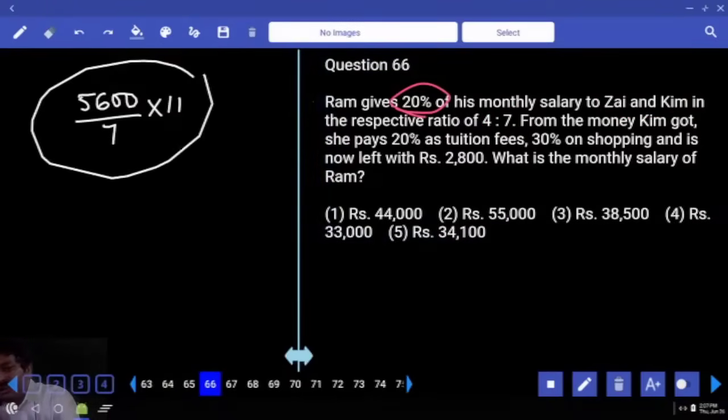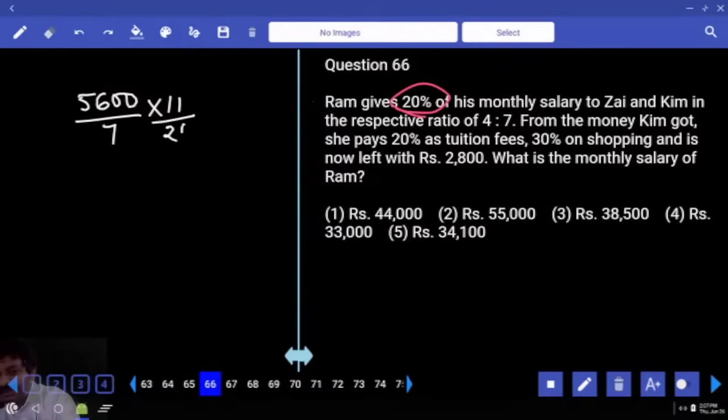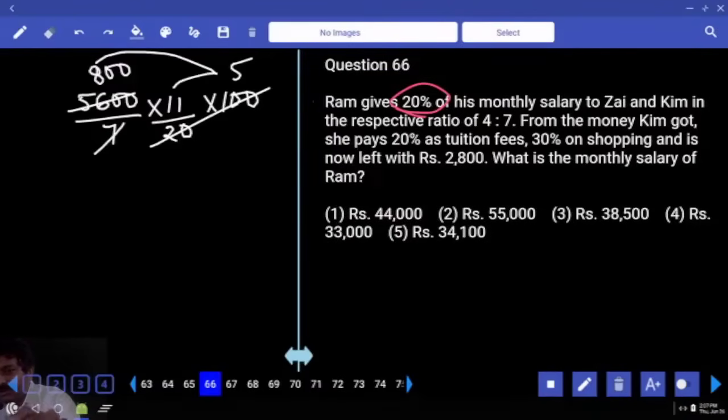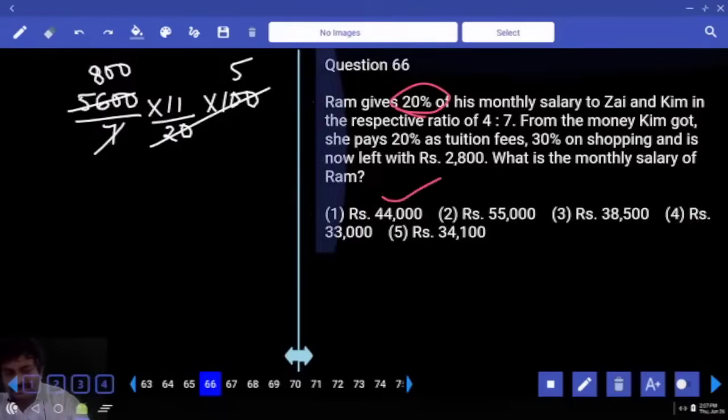So this entire value is 20%. Then 1% value is this divided by 20, and we need 100%, so multiply by 100. Got it? 20 goes 5 times, 7,800 times, 8 into 5, 40. 40 into 11, 440, 00.